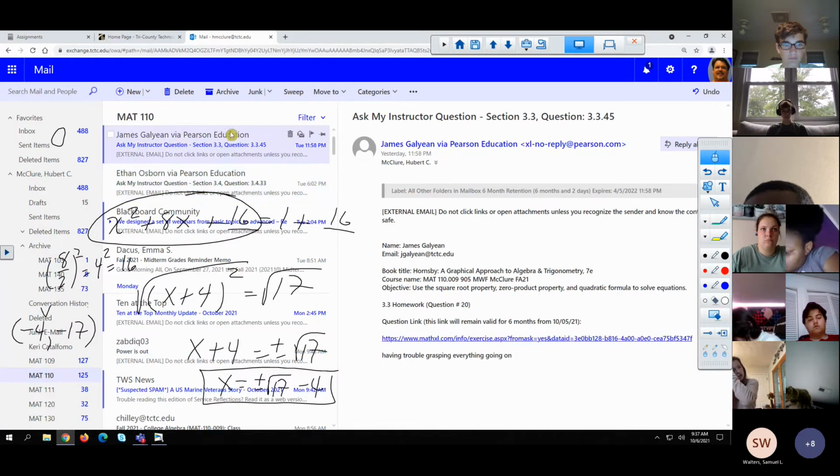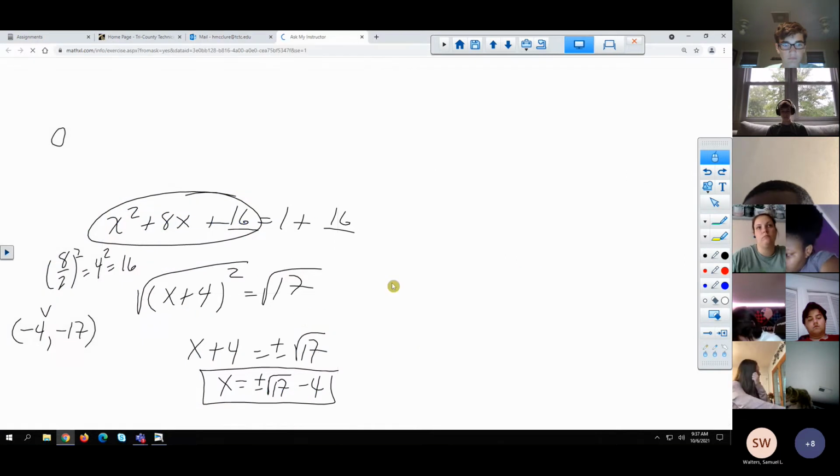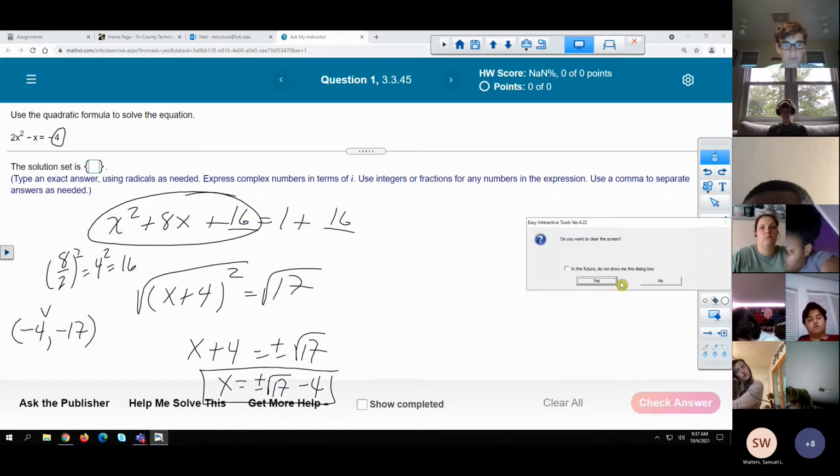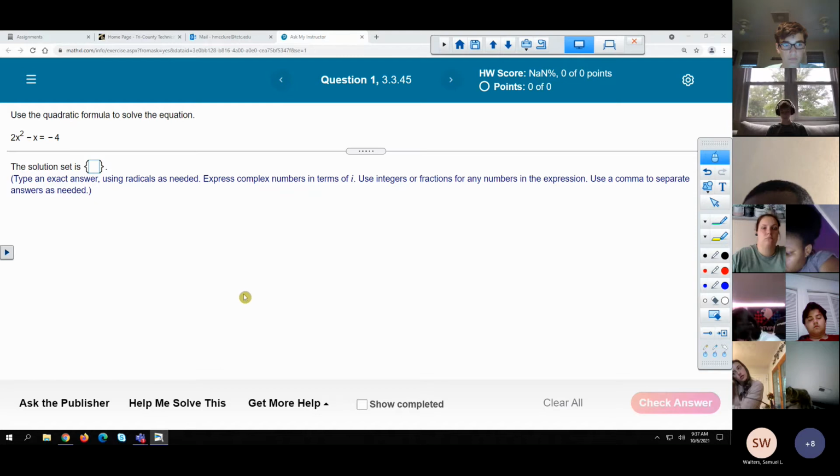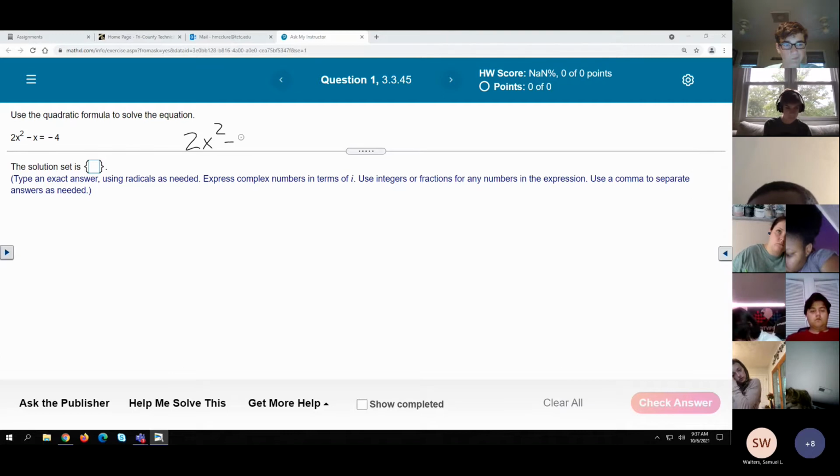And this is 3.3, 35/20. And this is kind of a breather. Well, let's see. Yeah, this is completing the square. Just keep on going, completing the square. It's already in form for you. 2x squared minus x plus blank is equal to -4 plus blank.